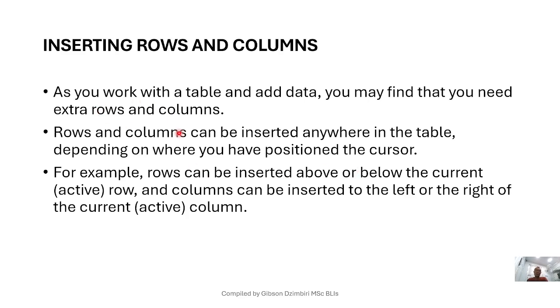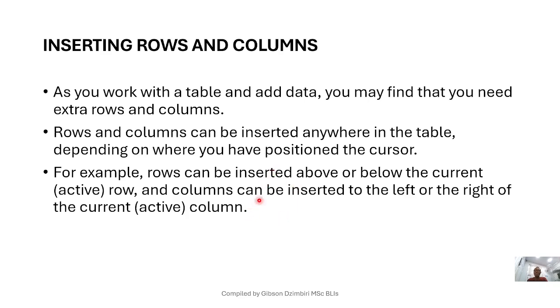So these are the steps that you are supposed to follow. As you work with a table and add data, you may find that you need extra rows. So that is also possible. If you need extra rows and columns, you can click anywhere in the table, position the cursor where you want, then right click, and a pop-up will come out.